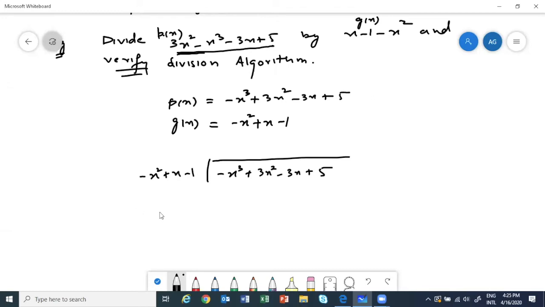So what should I take? We have minus x cube by minus x square. What will happen? I will get x, isn't it? So what should I take in the quotient? x. Divide.